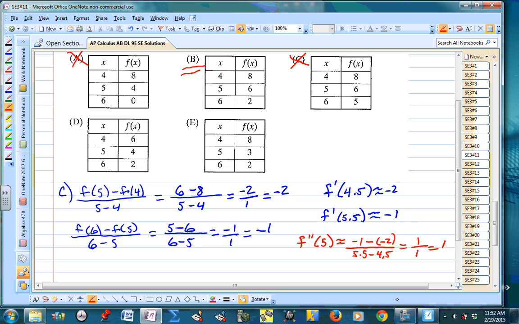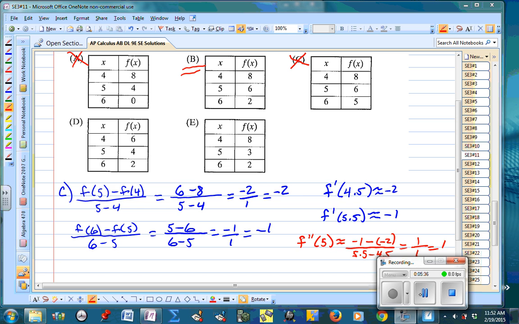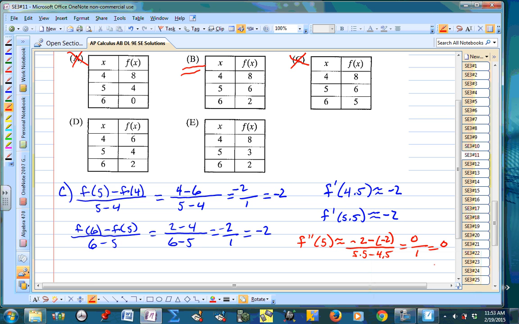Now let's repeat the process for the data in table D. Analyzing the data in table D tells us that the second derivative of f in the neighborhood of 5 is 0. Well, again, if the function has to be concave downward, we should have a negative second derivative.